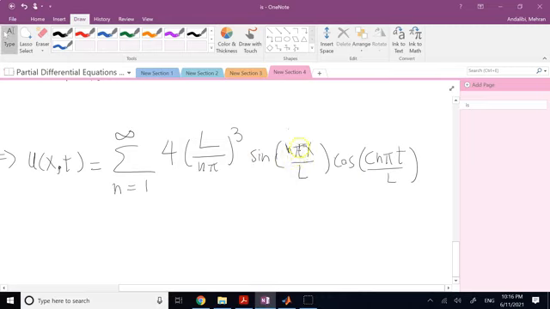So if n is 1, you hear pi over L times x. When n is 3, you hear 3 pi over L. In the t domain, you hear what? Pi times c over L, 3 times pi c over L, 5 times pi c over L, and so on.